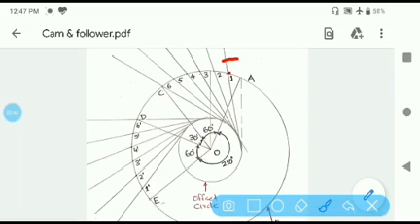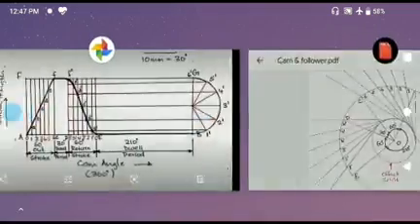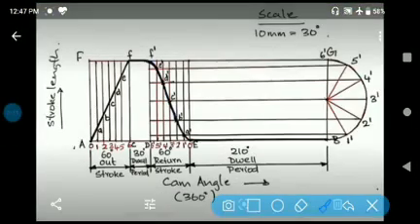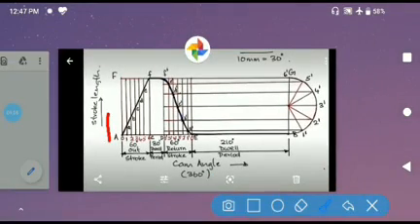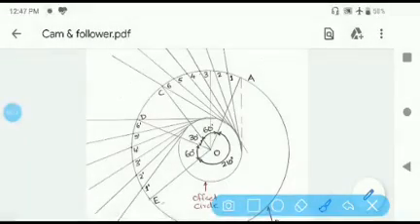So that will be A. Similarly, you go to the next point, that is you go to the displacement diagram, you take 2B in your compass, and then with 2 as center you draw an arc on this line. So that will be B.